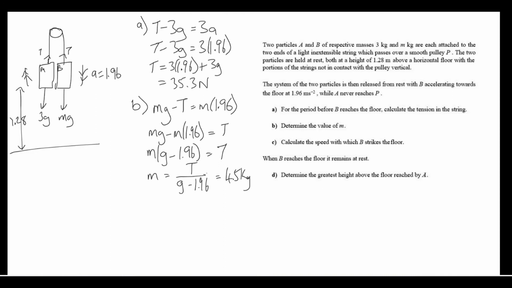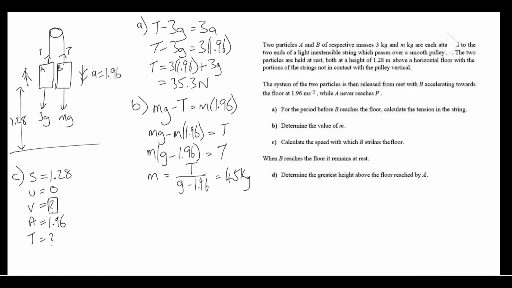Part C of the question asks us to find the speed with which B strikes the floor. So here we're going to make use of some suvat equations. Let's first collect our variables. The displacement is 1.28. It started from rest. We're looking for the velocity it hits the ground with, the final velocity. We know the acceleration is 1.96, and we do not know the time.